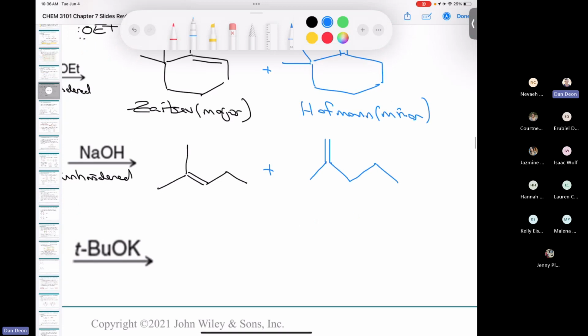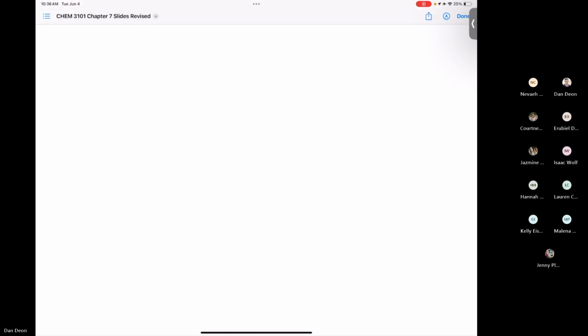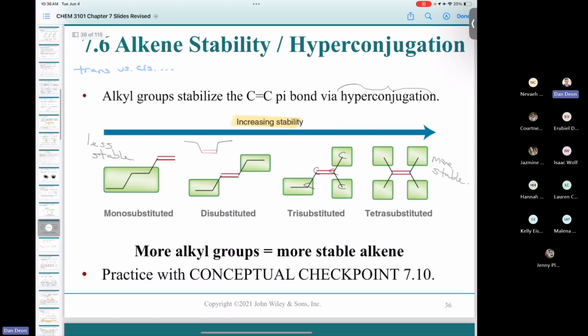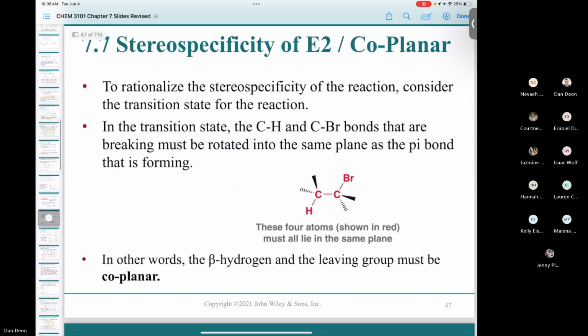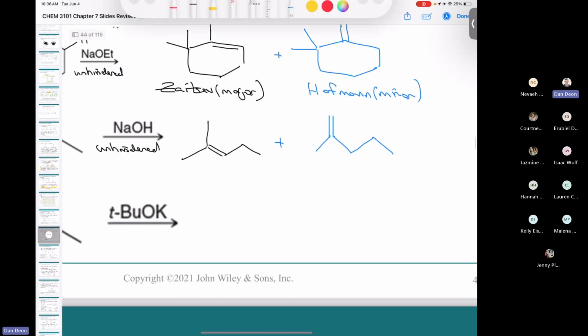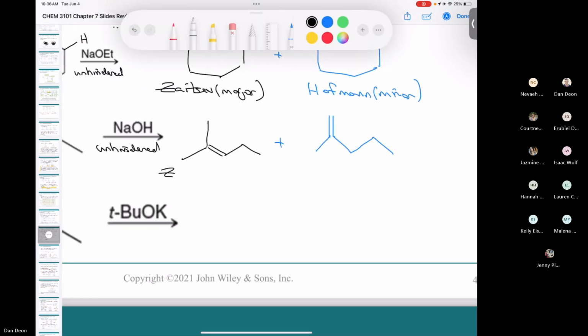So the black one is going to be the Zaitsev, and that's going to be your major product because you've got an unhindered base. And the blue one will be the Hofmann, and it is going to be the minor product. Why? Because it's less stable and you have an unhindered base.